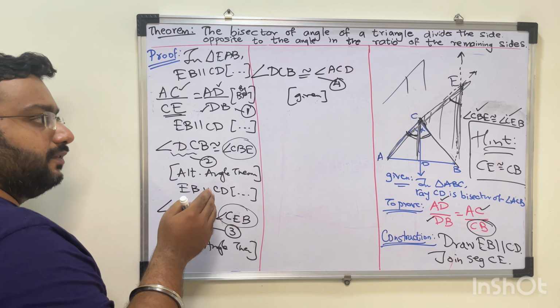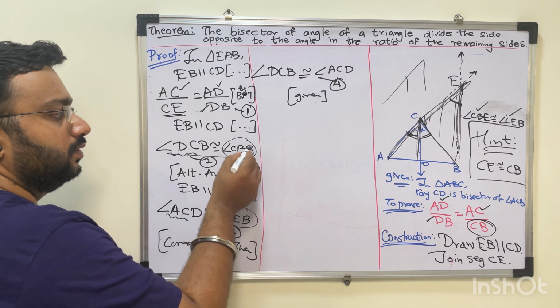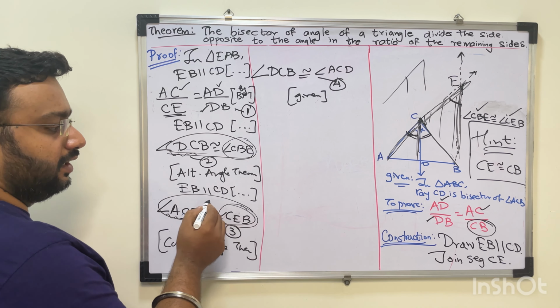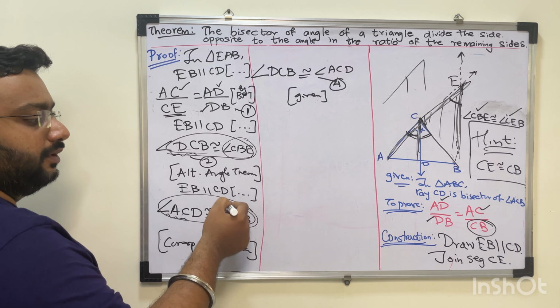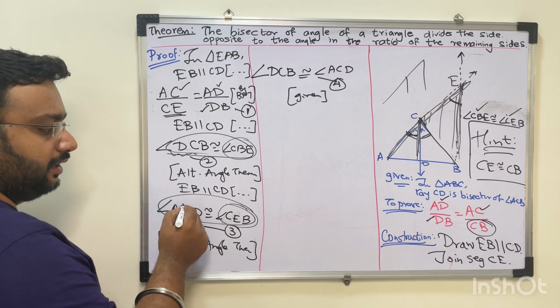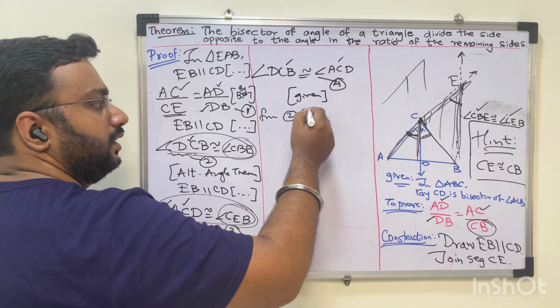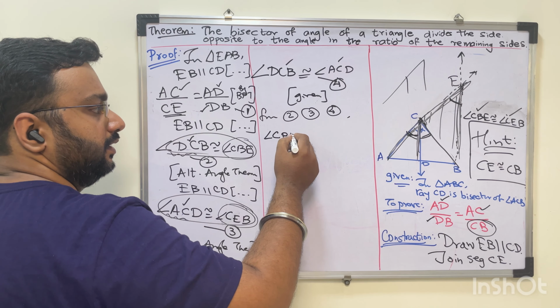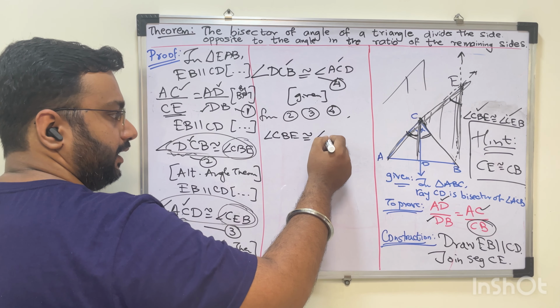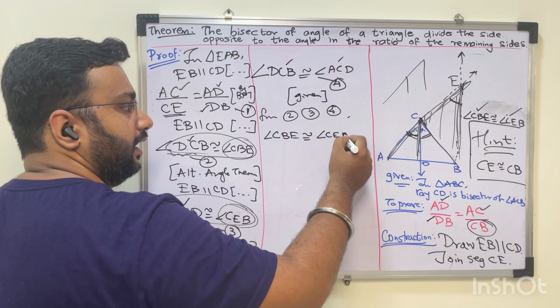Now if you observe equation number 2, equation number 3 and equation number 4, the right hand side will be congruent because the left hand sides are congruent to each other. So we can say from equation number 2, 3 and 4, angle CBE is congruent to angle CEB.